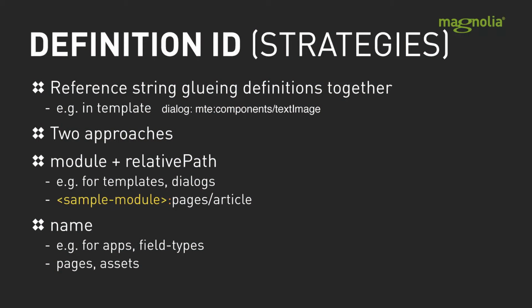What I was mentioning with the metadata builder really boils down to this notion of definition ID. It's basically the reference string that you're usually calling. Let's say when you configure a template, you have this dialog property. It references a dialog, so you have to know which identifier it has. For some objects, it's usually module colon relative path.